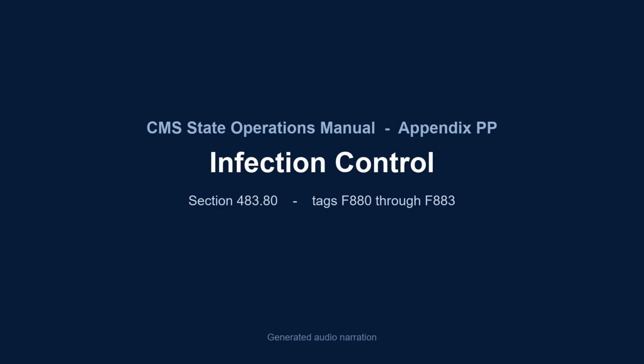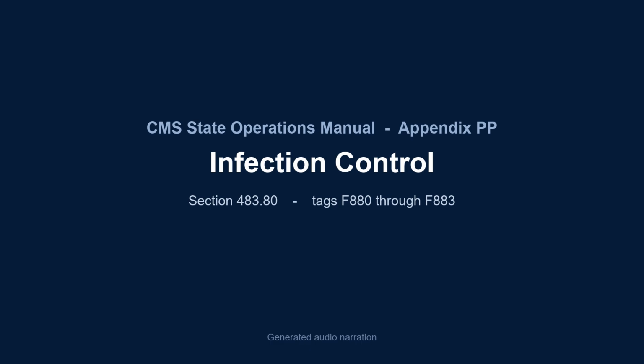The IP must: Section 483.80(b)(1) have primary professional training in nursing, medical technology, microbiology, epidemiology, or other related field; Section 483.80(b)(2) be qualified by education, training, experience, or certification; Section 483.80(b)(3) work at least part-time at the facility; and Section 483.80(b)(4) have completed specialized training in infection prevention and control.